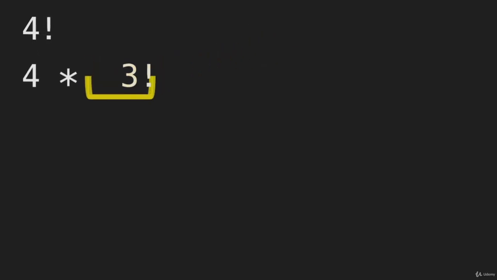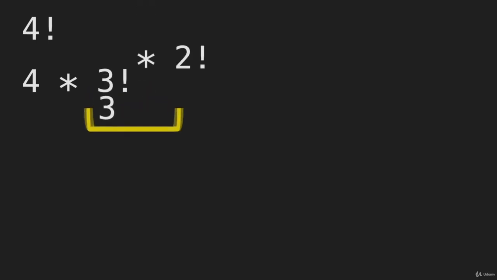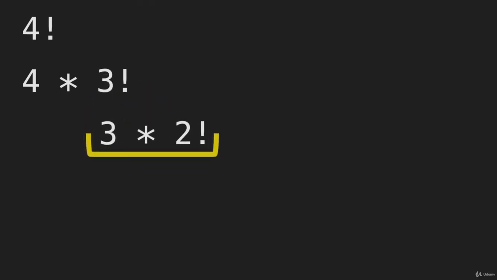So let's bring this up here and look at why it's such a great problem for recursion. These last 3 numbers, 3 times 2 times 1, is equal to 3 factorial. So you could say that this is 4 times 3 factorial. And 3 factorial, that's the same as saying 3 times 2 factorial.